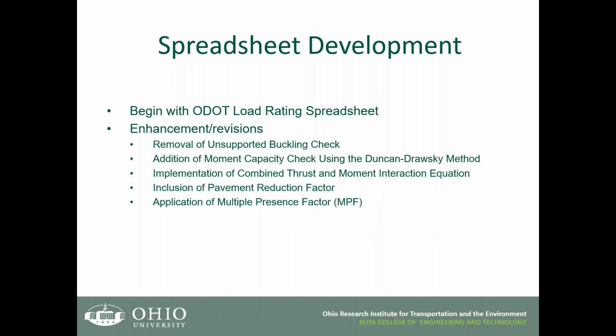According to current load rating and LRFD, we also included a pavement reduction factor, and we also included the multiple presence factor, which is a way of saying what's the likelihood of two loaded trucks being next to each other on the structure simultaneously and having their wheel loads interact with one another.